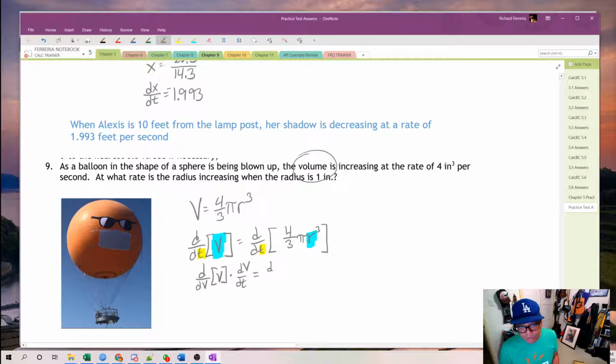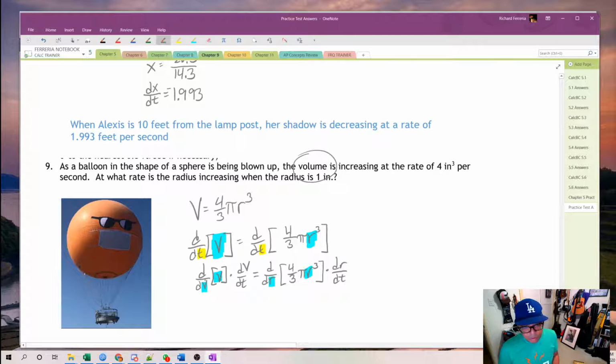I'm going to take the derivative with respect to r, and then I'm going to multiply by dr dt. Again, notice now the variables match, and we can take the derivative like normal.